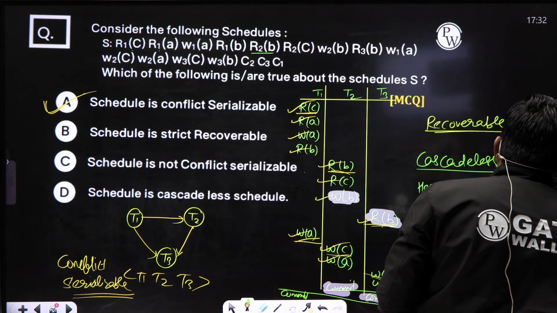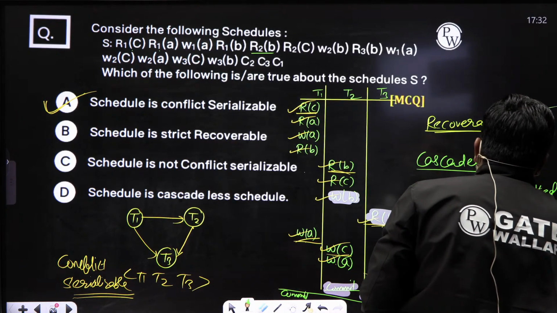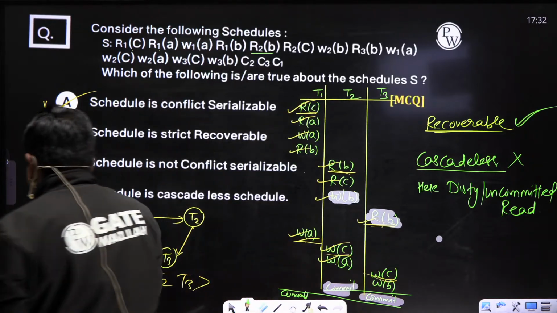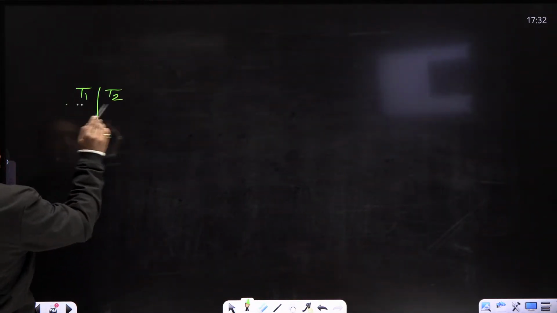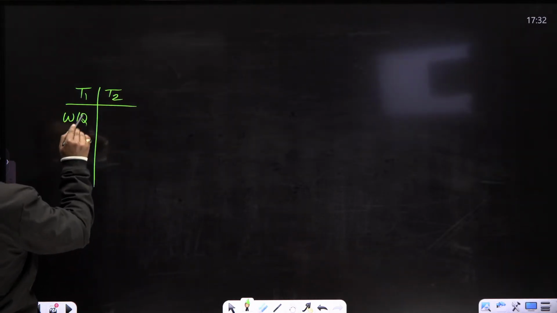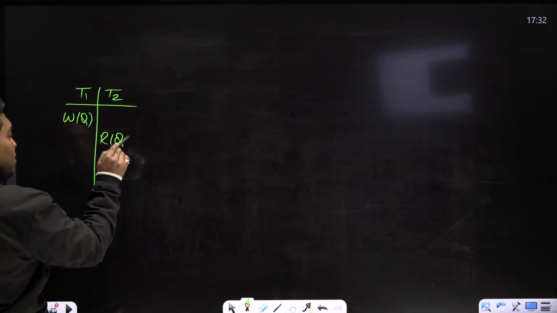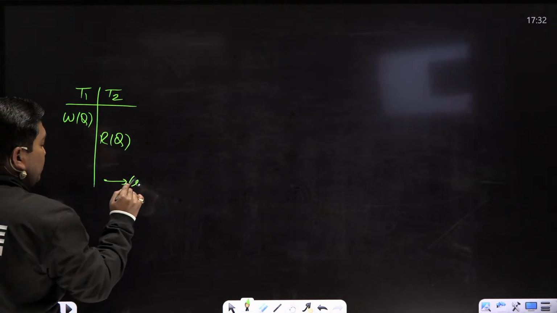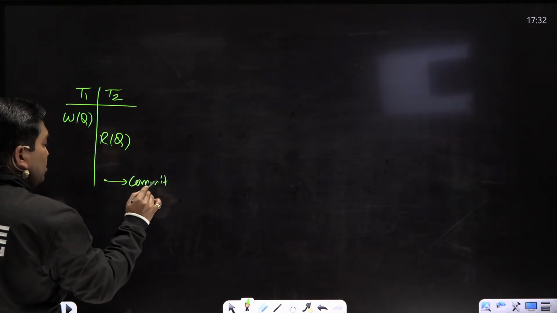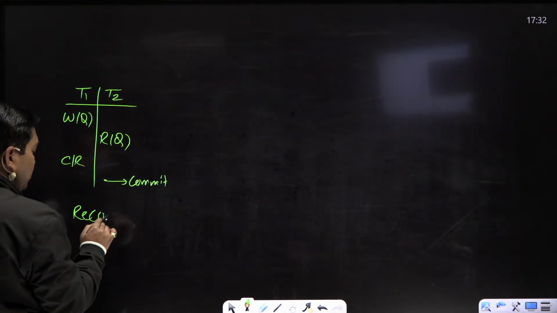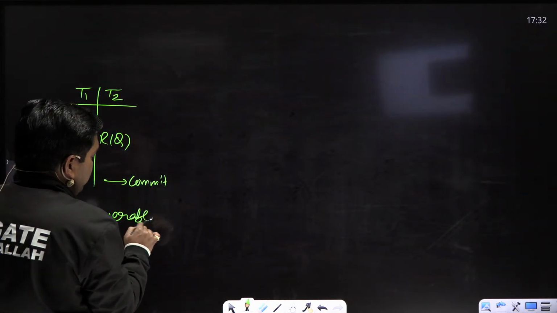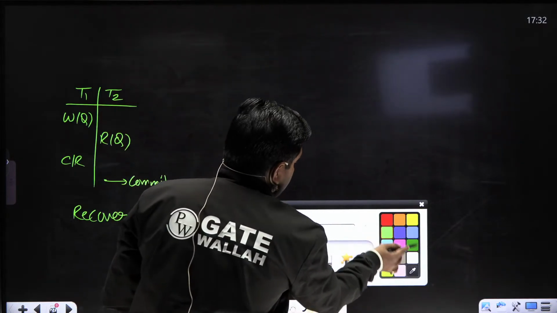Please everyone listen. Write, then read: then this dependent transaction's commit must be delayed until the commit or rollback. That is the meaning of recoverable. And what is the meaning of cascadeless?